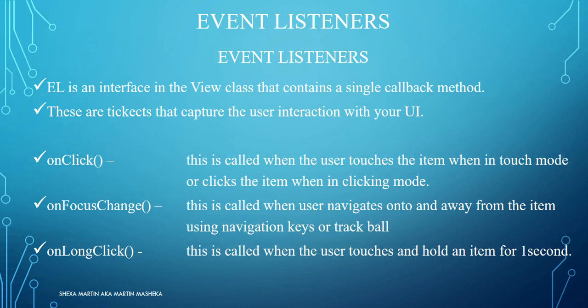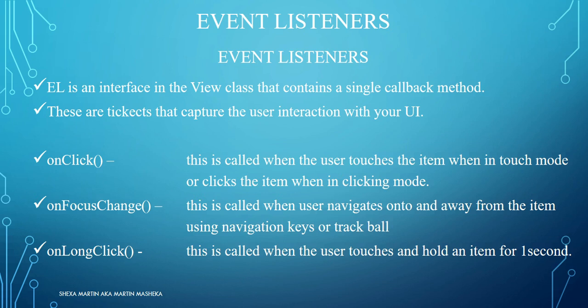So an event listener is just an interface in the view class. We have an existing view class which has several methods which work on events that can occur in an Android application activity, and the events include on click, on focus change, on long click.